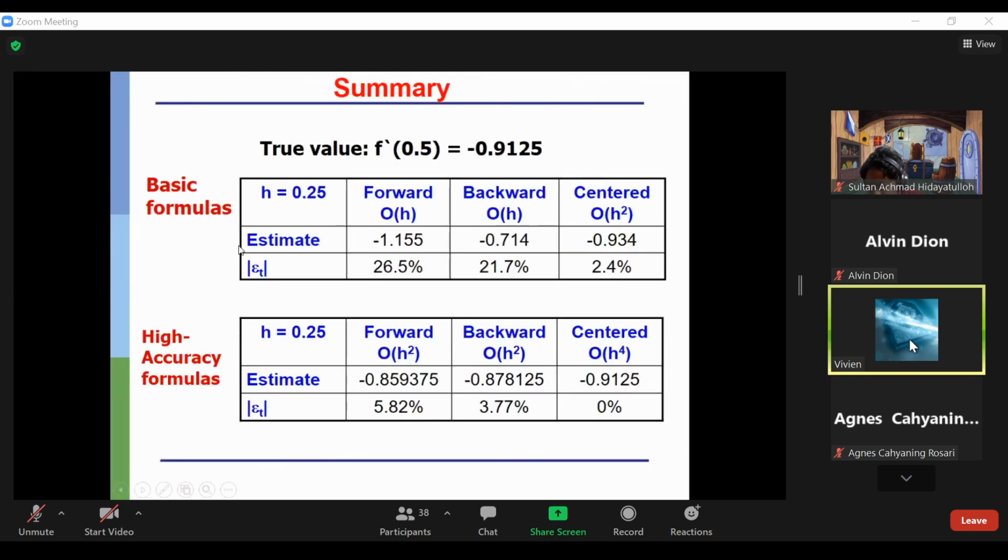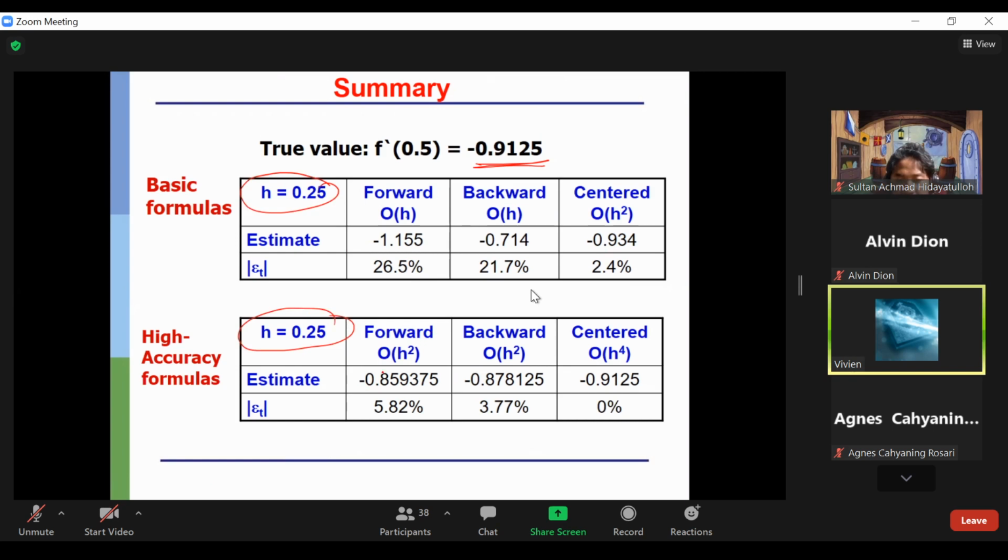So we see here that using lower order schemes, as we saw before, this is the true value. We can compare using the lower schemes of forward, backward, center. This is as before, using 0.25 for the interval length size.